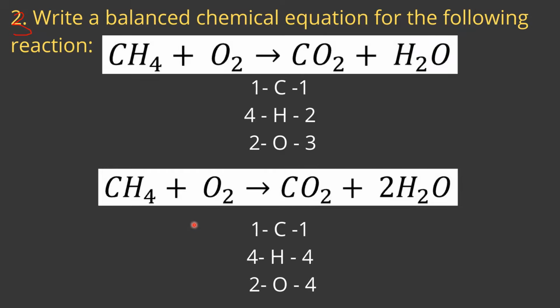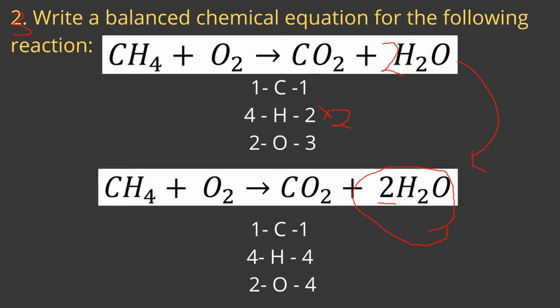So you start balancing the hydrogen. To balance the hydrogen, I can just multiply by 2. If I multiply by 2, meaning I'll put a coefficient of 2 over here, and when you do that, you get this reaction over there. So you see I've put the 2 there, so we have 2H2O now, right?